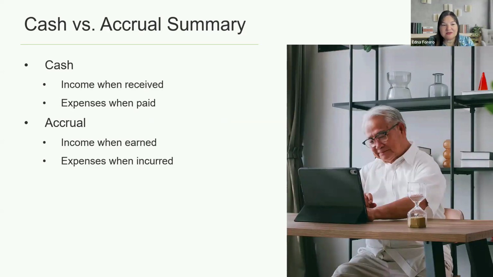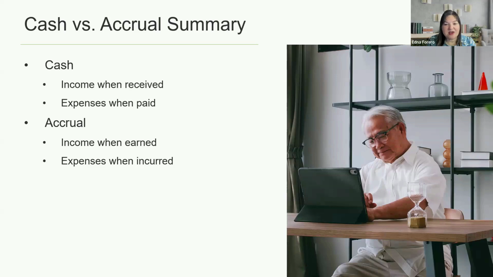All right, so here's just a summary of cash and accrual methods. Again, cash is when income is received and when the expenses are paid. Most of our clients are going to be using the cash method. It's the simplest, but we may also have clients who use the accrual method. So we want to look at when their income is earned and when the expenses are incurred for the accrual method. So we want to make sure that we match the income and expenses more accurately under the accrual method.